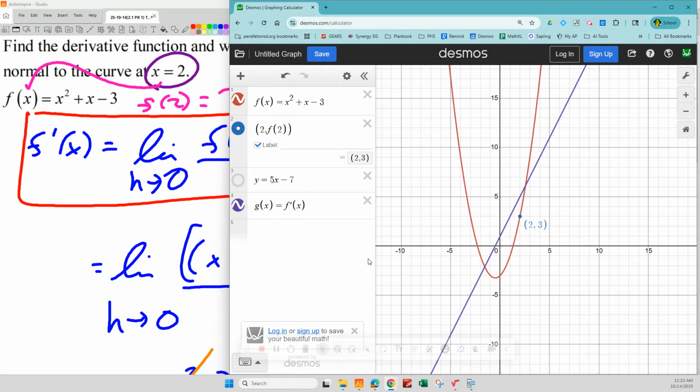And here, I tell you what, let's build another Desmos. Let's build another one here that does something different. So we know what g of x is, right? G of x is our derivative function. Let's turn that off. And yeah, let's do something a little different here.